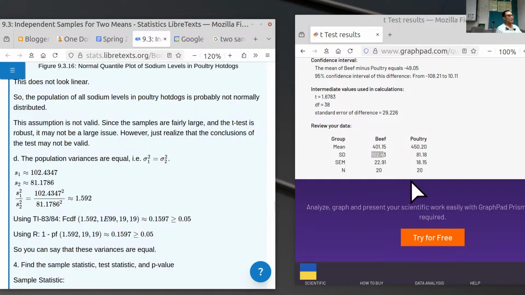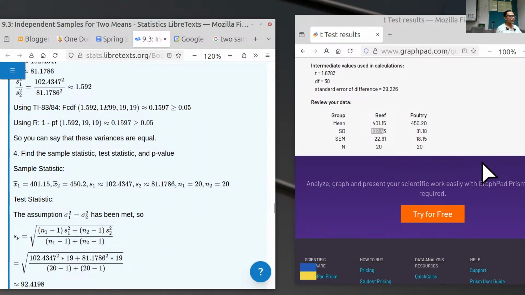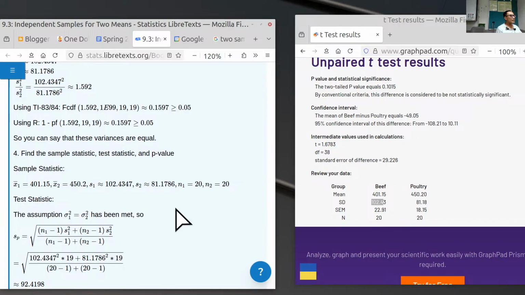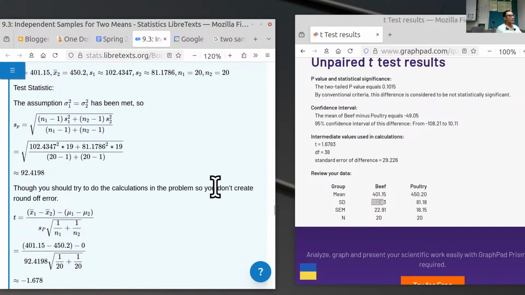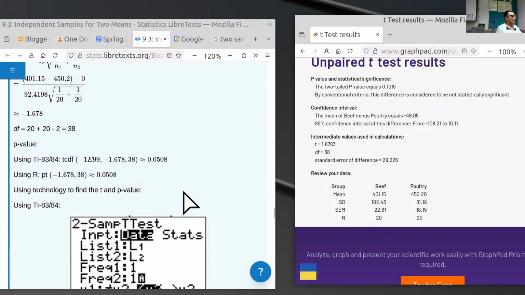And the number is 20. And the degree of freedom is 38. The pooled standard deviation didn't show up here. Degree of freedom 38 is very simple.